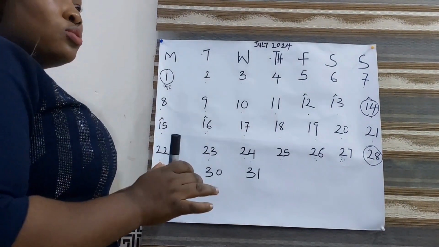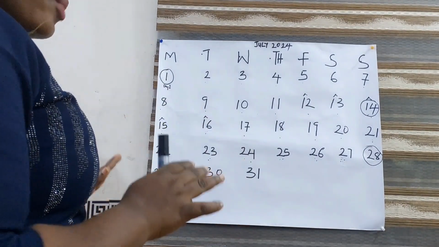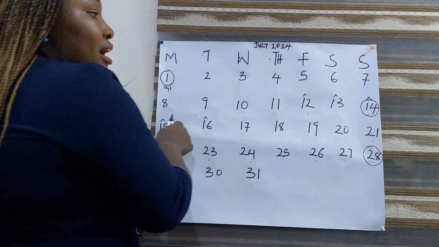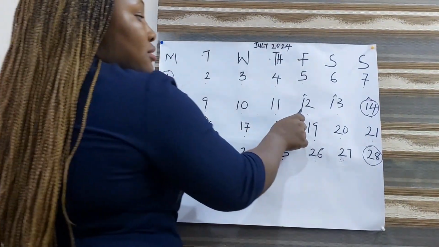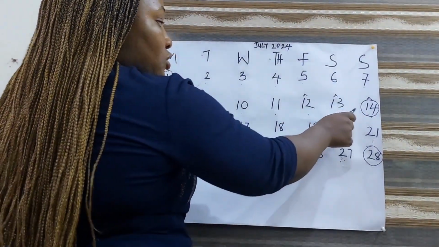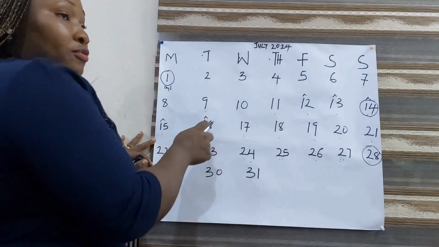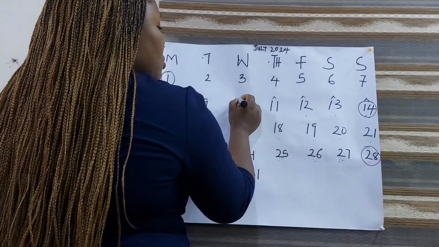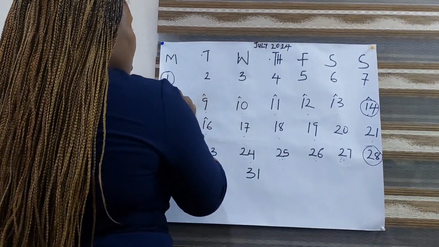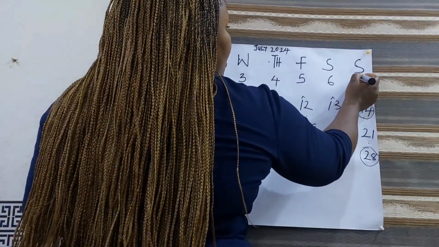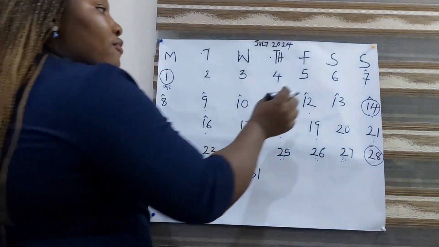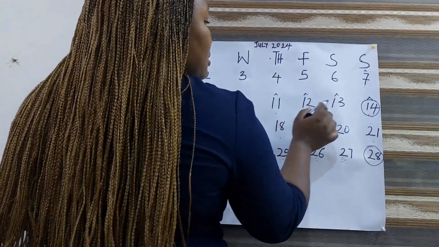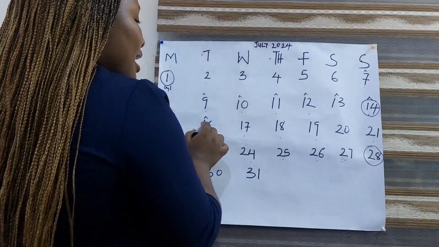So in order to make this fertile window optimal, you now have to take up another round of 5 days before this 2 days before peak ovulation, in order to complete the fertile window. So we'll count again: 1, 2, 3, 4, 5. So the whole of 1, 2, 3, 4, 5, 6, 7, 8, 9, and 10.